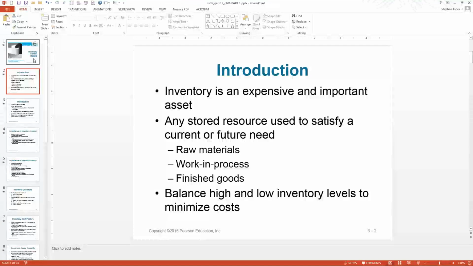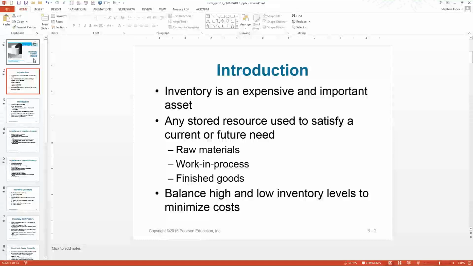So you need to be sure that you've got some level of good inventory for your customers, whether they're businesses, governments, or consumers, and yet you want to minimize any potential losses or insurance costs or just holding costs, because as long as you've got inventory on the shelf, it's cash that you can't move.